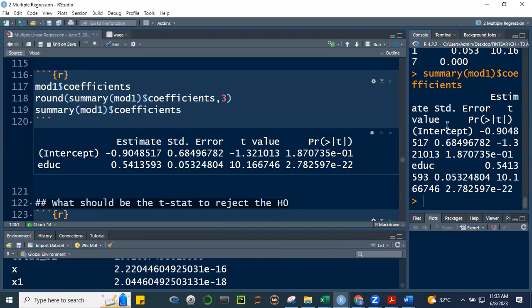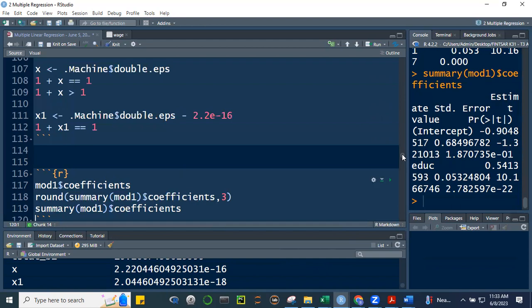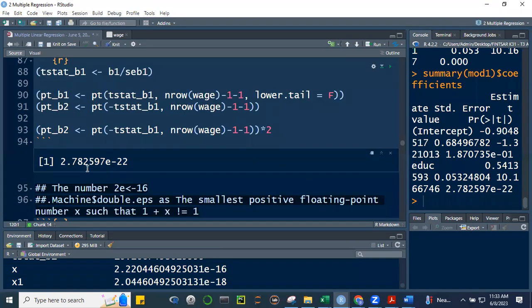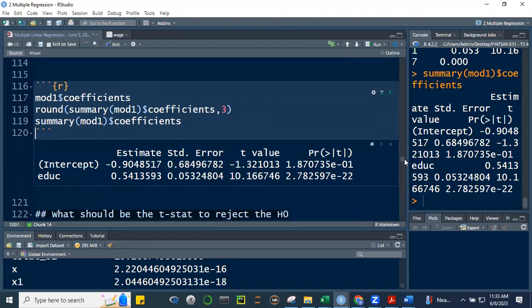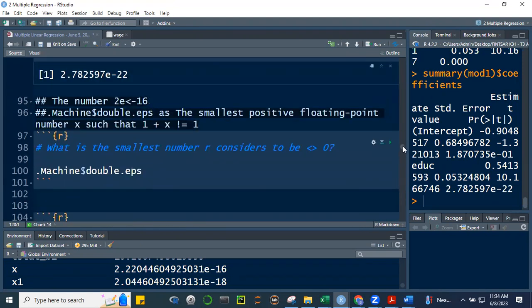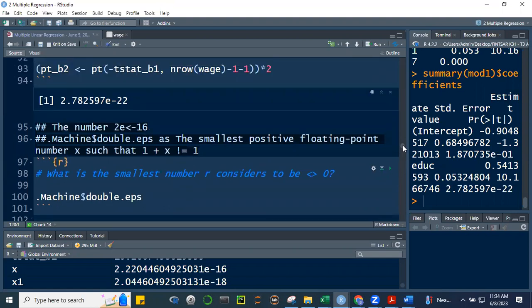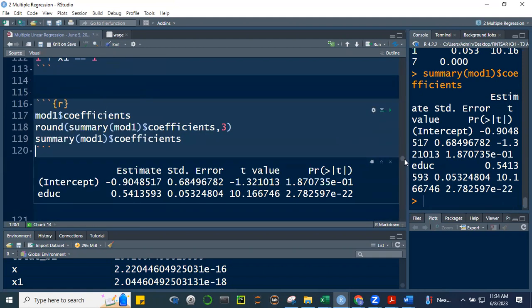Here we have the actual value, which agrees with what we have here, 2.7825, 7825, exactly the same. So we computed the actual p-value using the pt function, and we were able to extract it also using the summary of model 1.